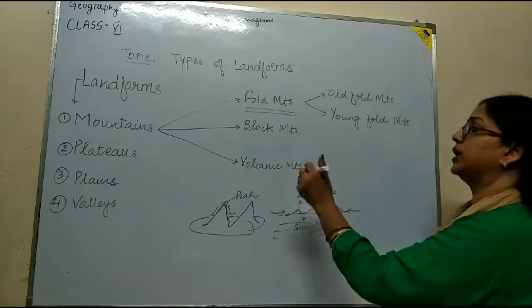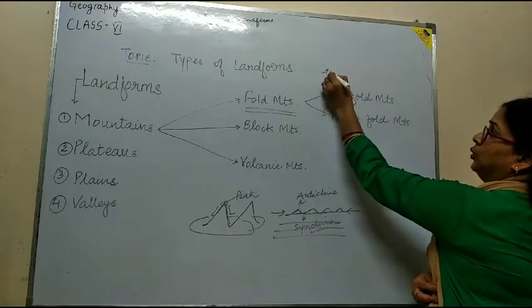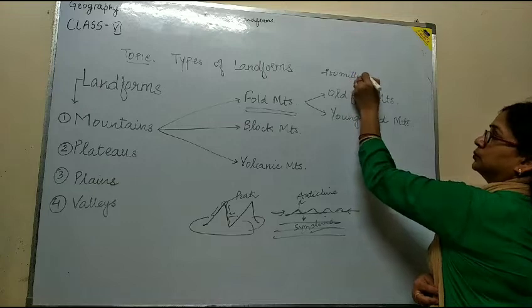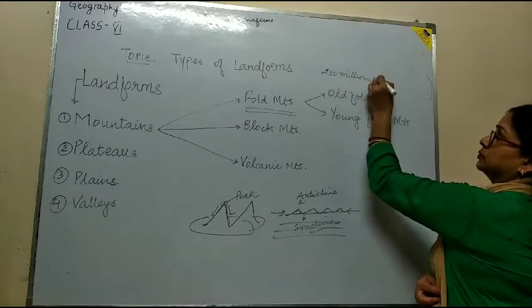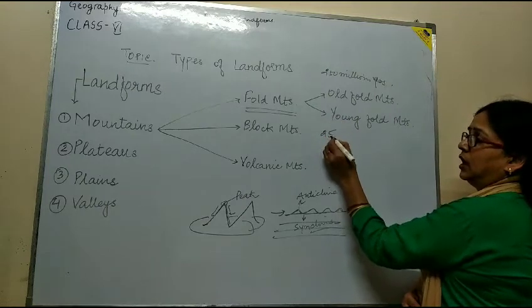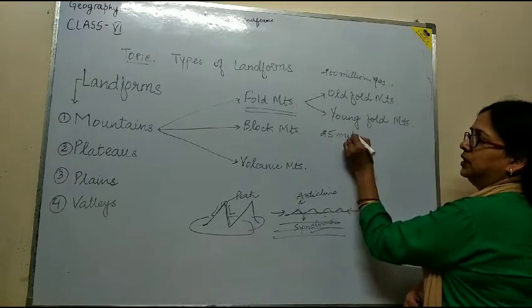Old fold mountains were formed around 250 million years ago, whereas young fold mountains were formed about 25 million years ago.